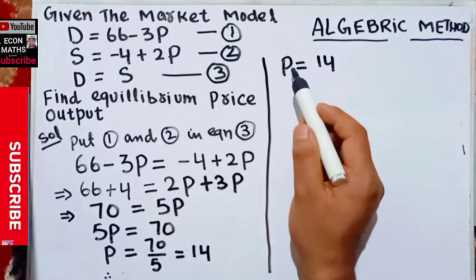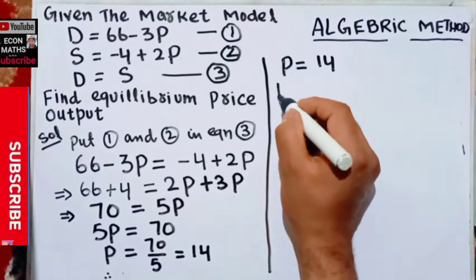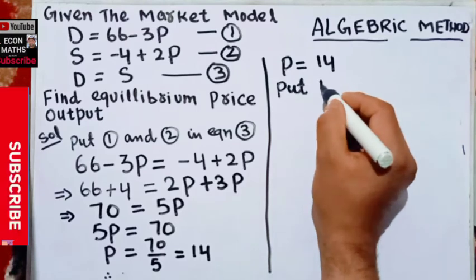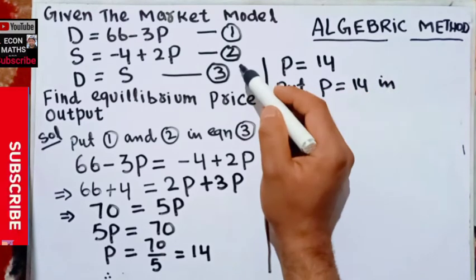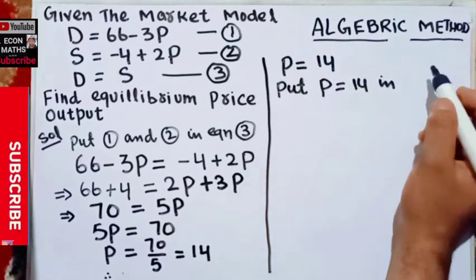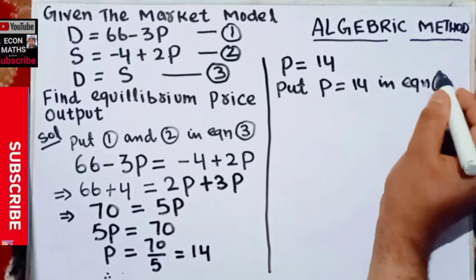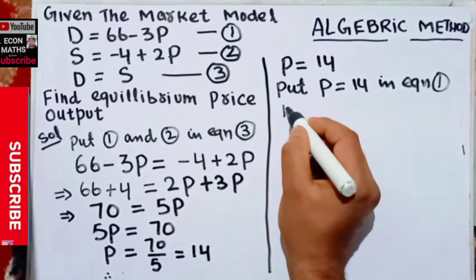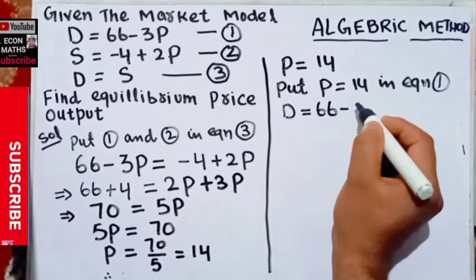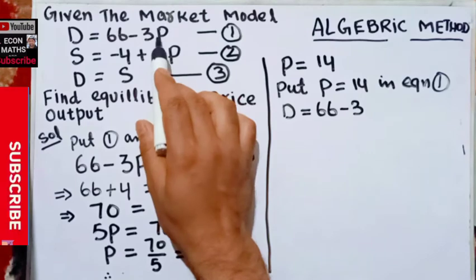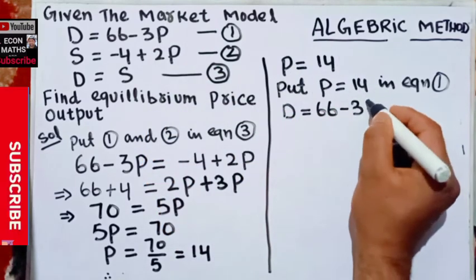Now we will put the value of P in either of the first two equations. That is, put P is equal to 14 in either of the two equations. So we will place this in equation first. Here D is equal to 66 minus 3, and in place of P we will write this 14.